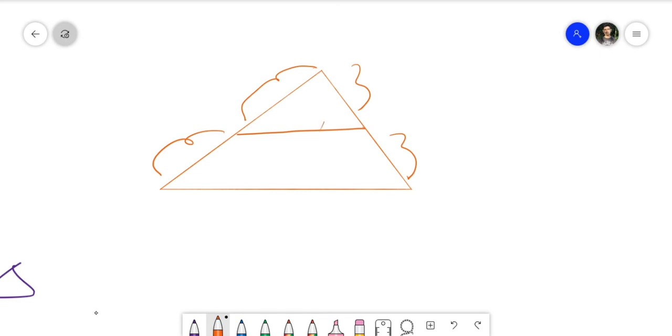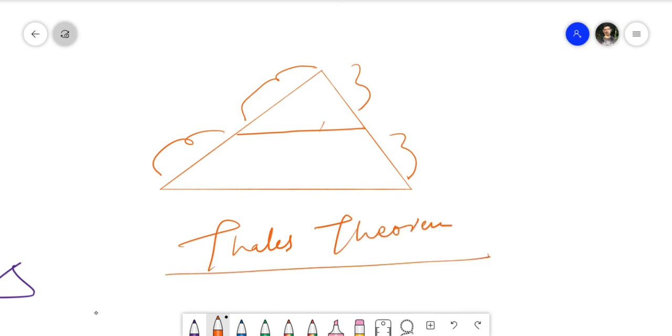If these two lines are not parallel, then we will not say all this. Okay, in short, remember this theorem is also called Thales theorem. Another name of this theorem is Thales theorem. Someone can ask you what is Thales theorem, so this is the same as BPT. It's not a different one.